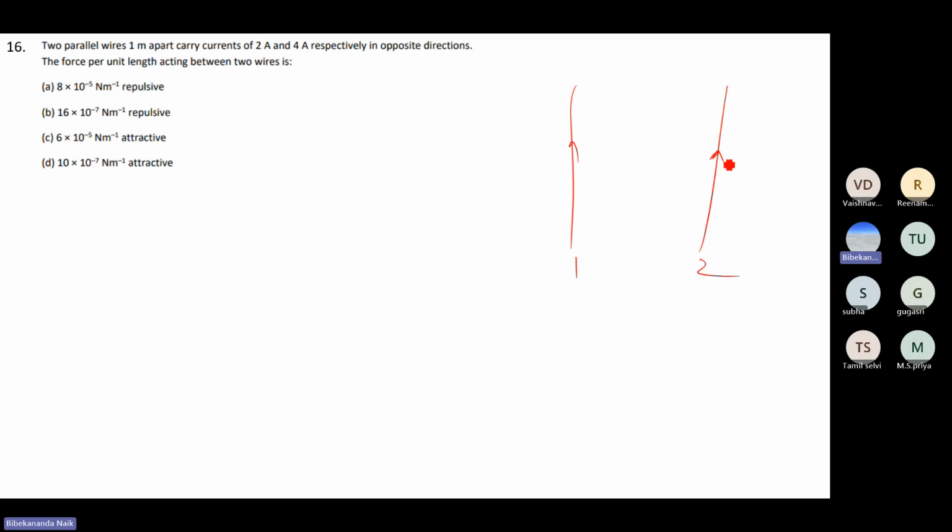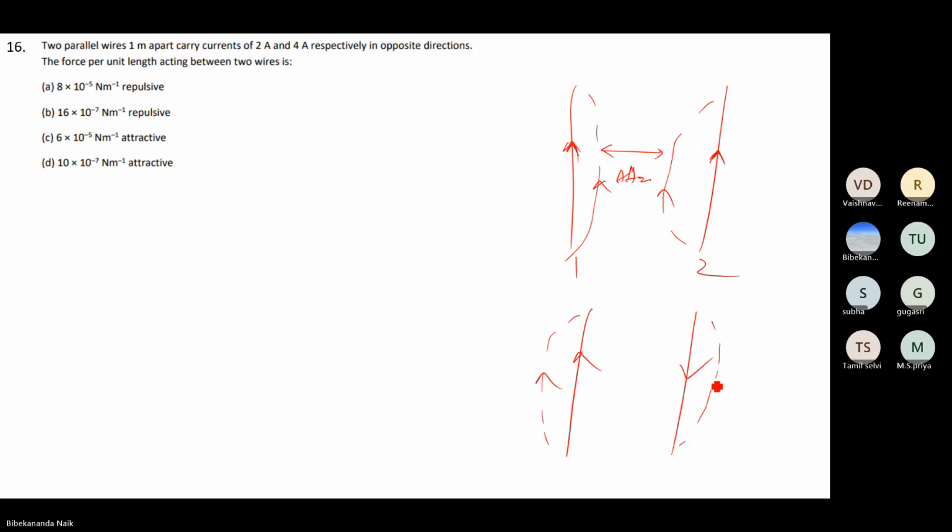According to the principle, if they carry current in the same direction, then they will attract each other. But when they carry current in opposite direction, they will repel each other. Here they will repel each other.